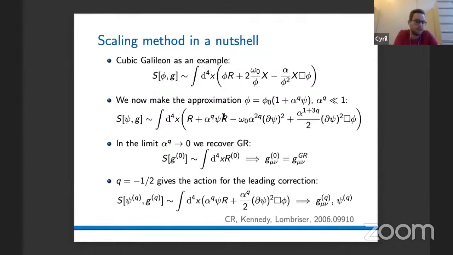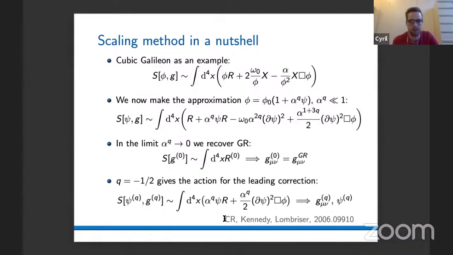And in the case typically of gravitational waves from a source that is non-zero, we cannot assume the energy momentum to be 0. So we need to choose q such that this term and this term have the same order. And this is uniquely defining q. If we choose q equal -1/2, this power and this power are the same.